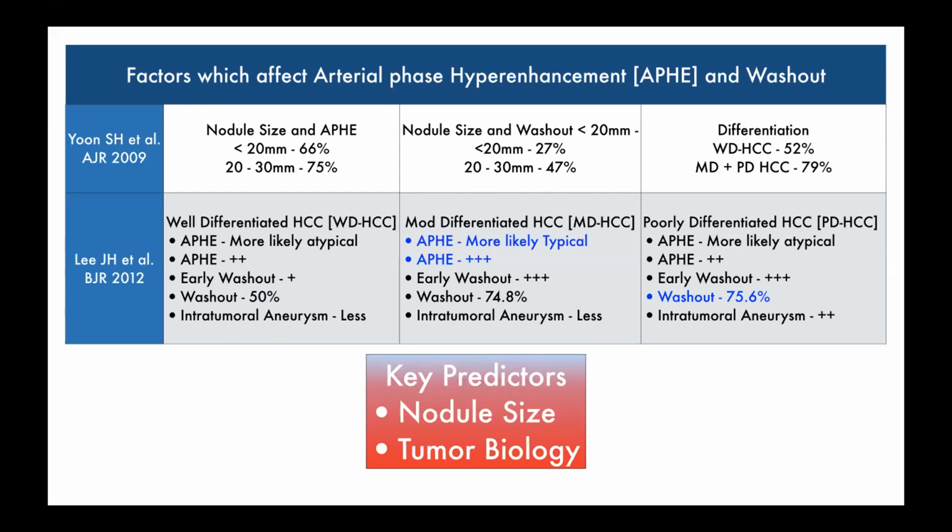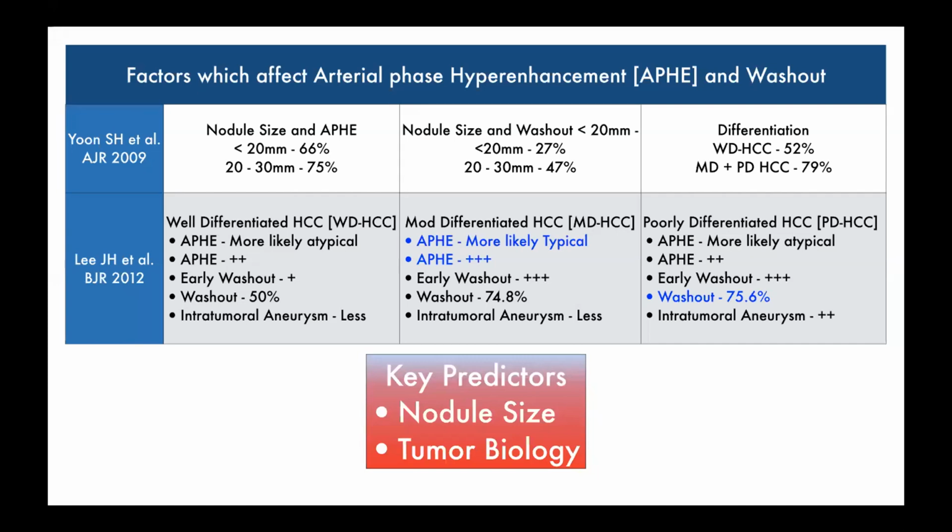Now let's look at the washout component. When you're looking at washout, poorly differentiated tumors tend to show a much higher degree of washout simply because of the significant disruption in the endothelial lining and vascular rerouting that occurs in these tumors. So the shunting is rapid and you tend to lose a larger amount of contrast within the blood pool outside of the tumor itself.